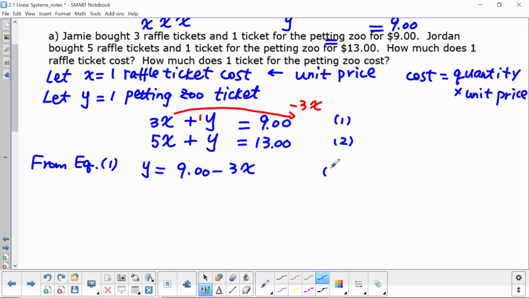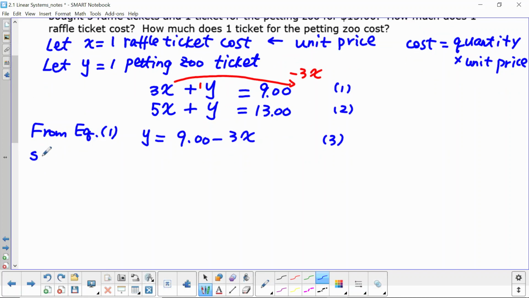This is our equation 3. Then the next step, we call it substitution. We need to sub equation 3 into a different equation. It should be equation 2.